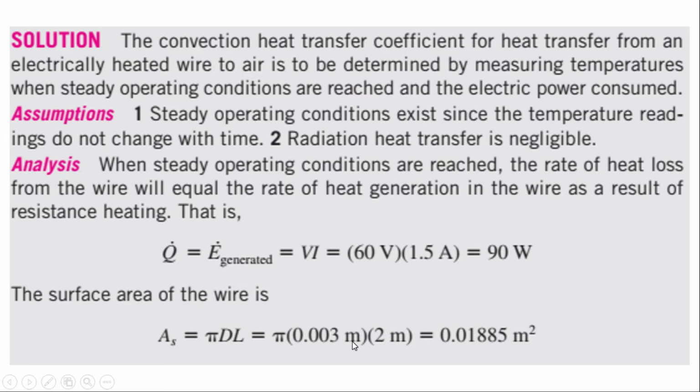Keep in mind that the units must be consistent. In the question statement, this diameter is given in centimeters, so whenever you use lengths, make sure all the units are consistent. By putting in the diameter and the length of the wire, you ultimately get 0.01885 square meters, which is the surface area.